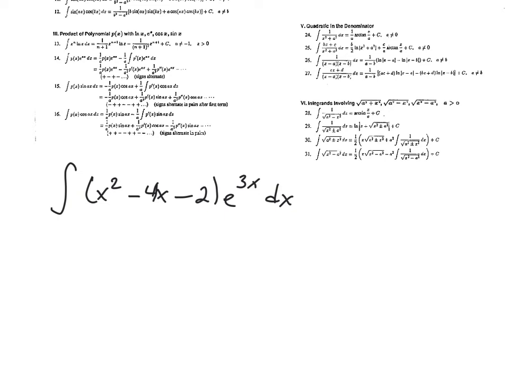All right, so I'm going to start by entering the table number 14. And as I'm using 14, I just want to make sure and note that my p of x is x squared minus 4x minus 2. That's a polynomial. And my value of a is 3.